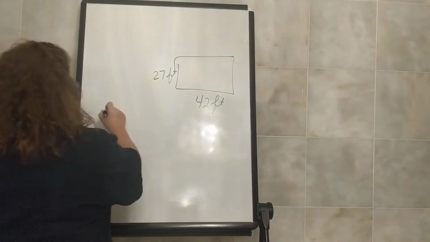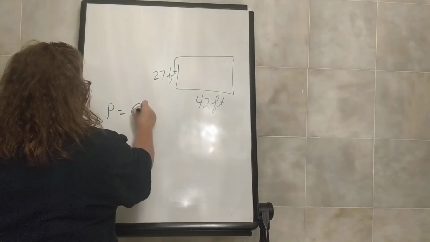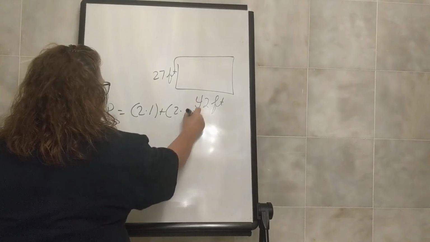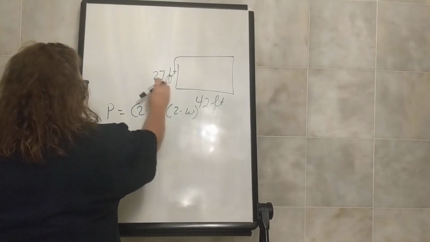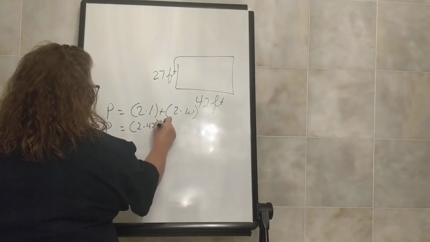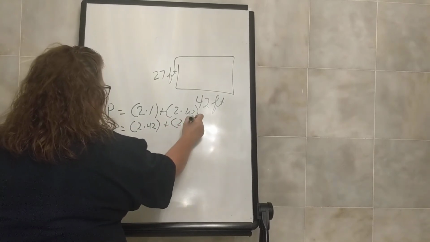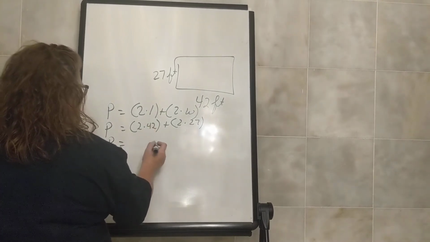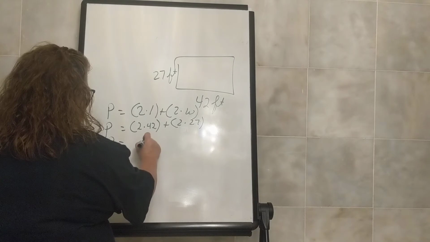So we're going to have perimeter equals 2 times the length plus 2 times the width. We're going to fill in our length, fill in our width. Perimeter equals 2 times 42 plus 2 times 27. Perimeter equals 42 times 2. 2 times 2 is 4.